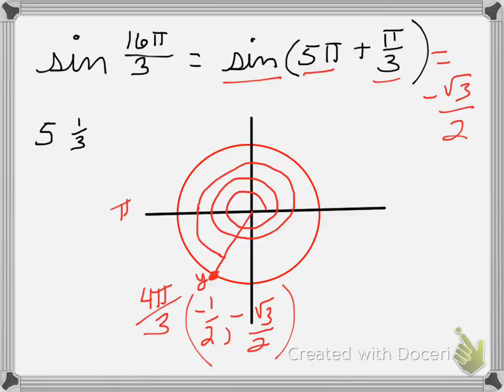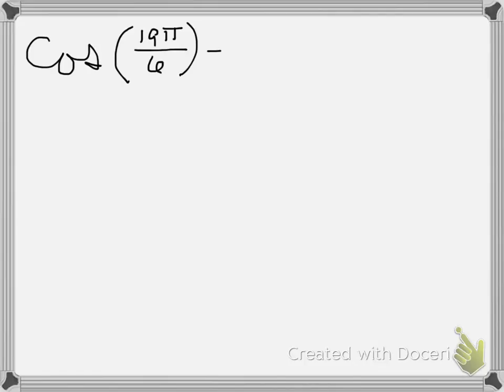Let's try another one. This time let's look at the cosine of 19 pi over 6. I could think of that as the cosine of 3 pi plus pi over 6.